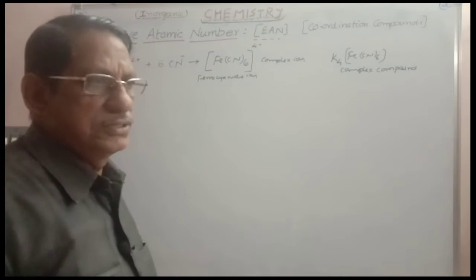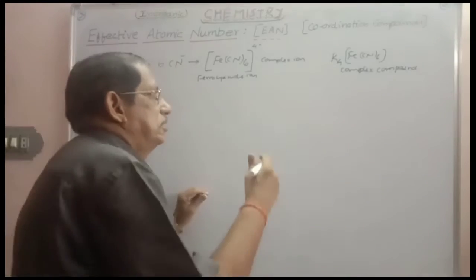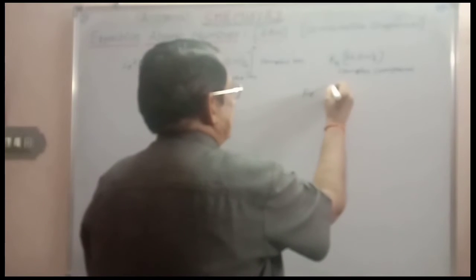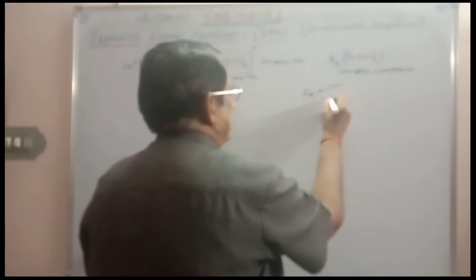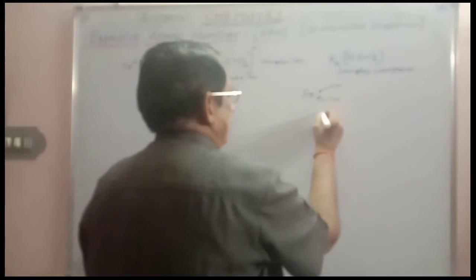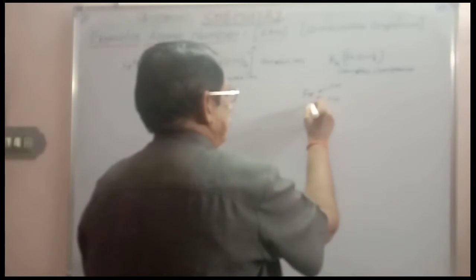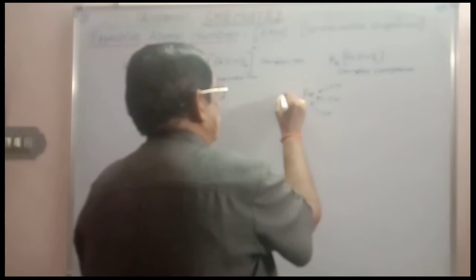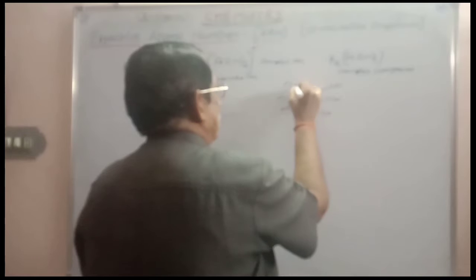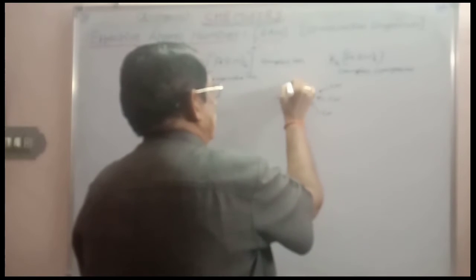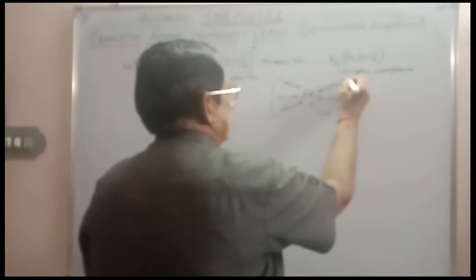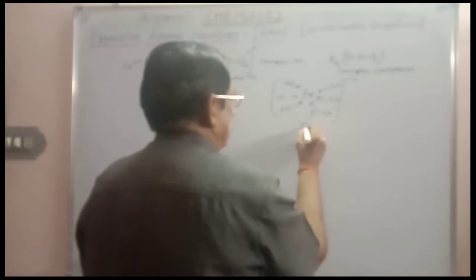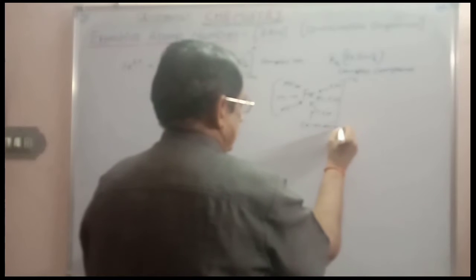Why are they called coordination compounds? Because if you take the structural aspect of ferrocyanide ion, every cyanide ion will be donating a lone pair. This is what you call a coordinate bond.